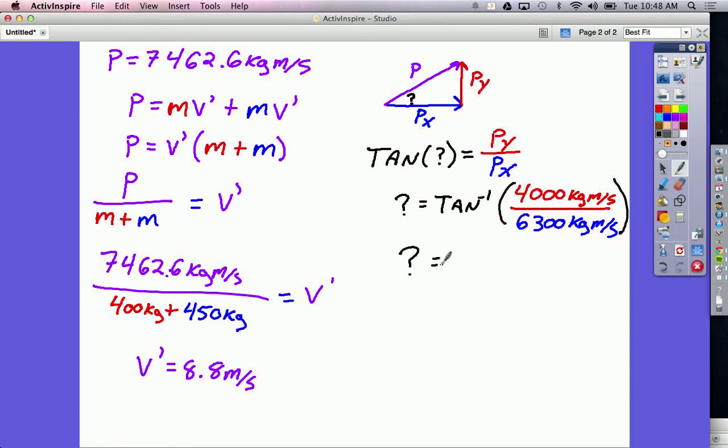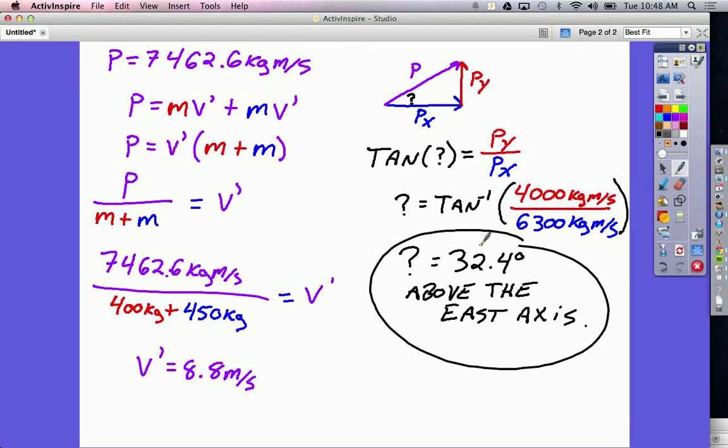And I get that the angle is 32.4 degrees, and that's above the east axis. So there's my direction, and there's my speed. So after they collide, they'll be going 8.8 meters per second at exactly 32.4 degrees above the east axis.